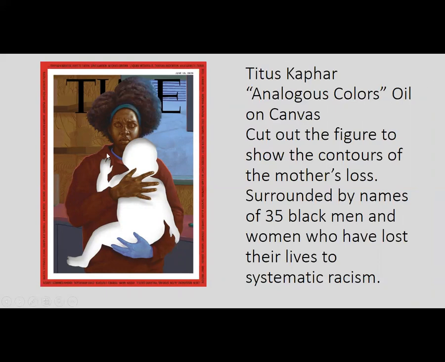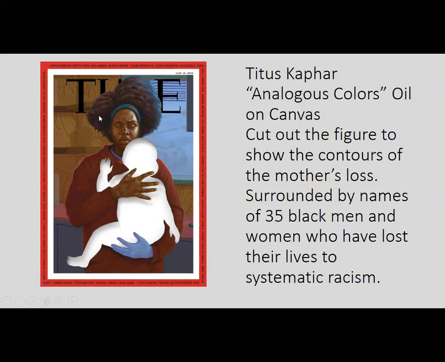And it's oil on canvas. What he's done in the real painting is cut out the baby, because the baby represents all these mothers, the loss of their child due to systematic racism.